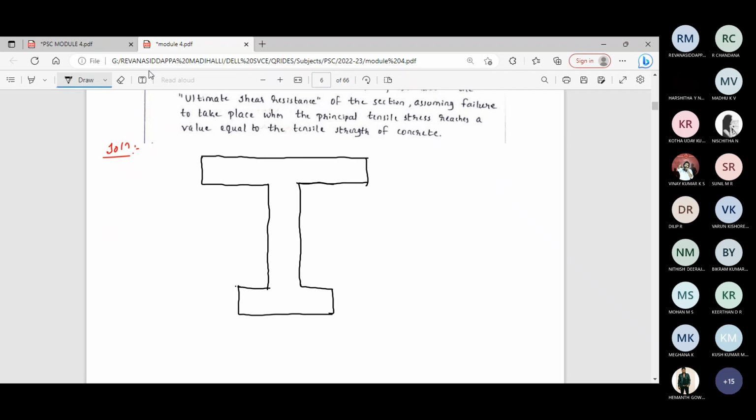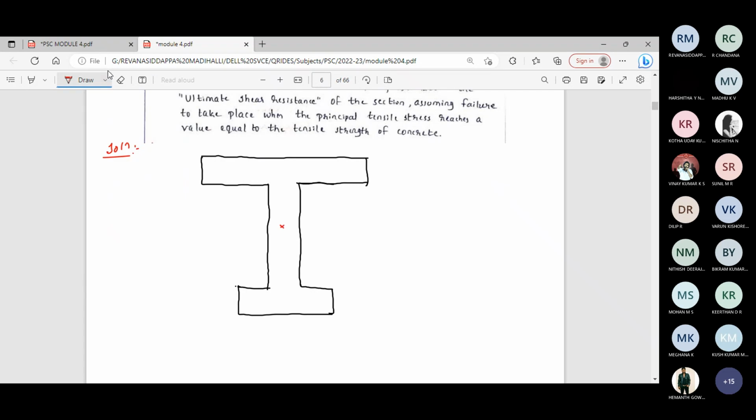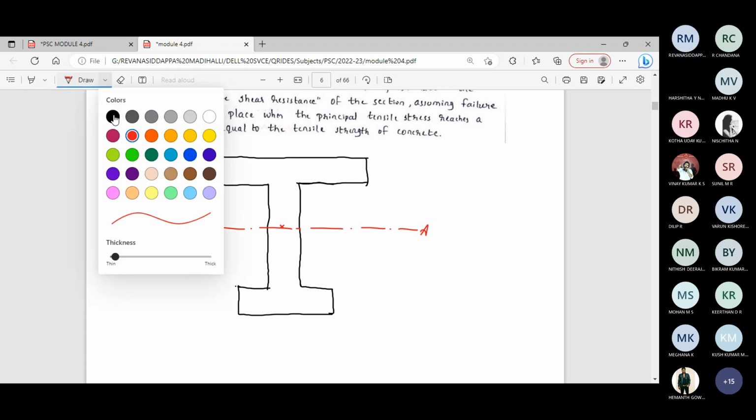Also draw the neutral axis. Now go through the problem.